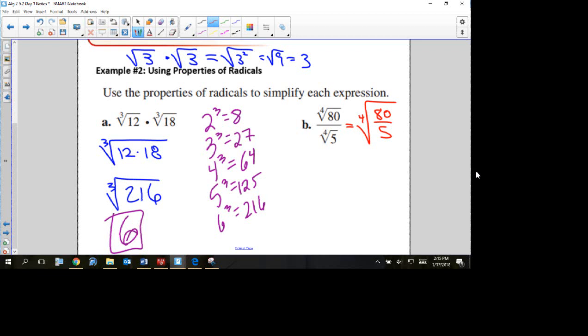What's 80 divided by 5? 16. Thank you. And is that a perfect fourth power? What to the fourth gives me 16? 2 times 2 times 2 times 2, 2 to the fourth. So the answer is 2.